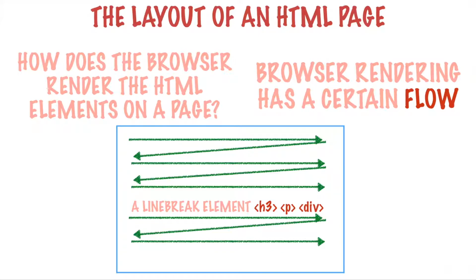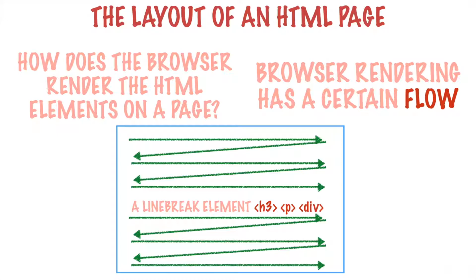We'll be talking about using CSS to figure out where to position things in just a minute. But just with HTML elements, all it cares about is, can I fit it on the right hand side till the right margin? If yes, keep placing elements one after the other. If it's an element that requires a line break, just place it on a new line. That's all the browser does.